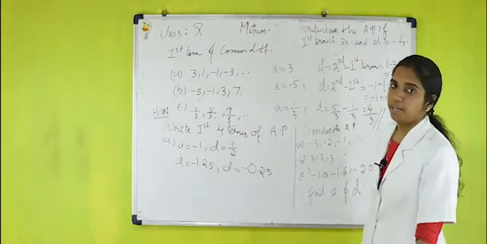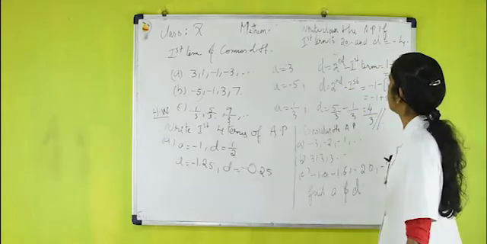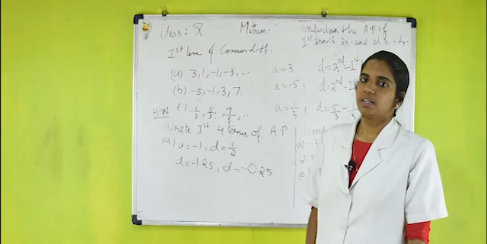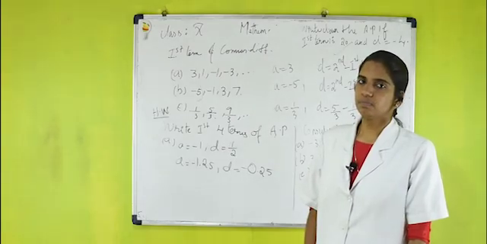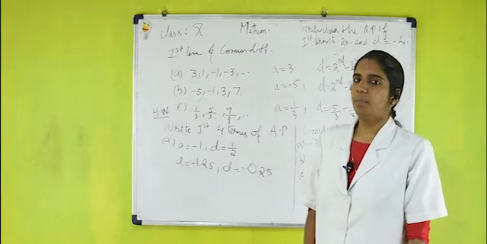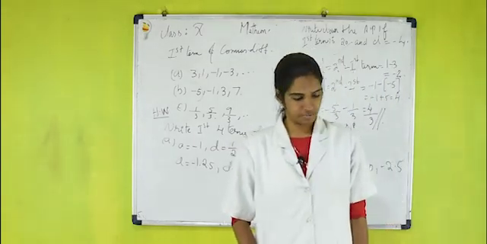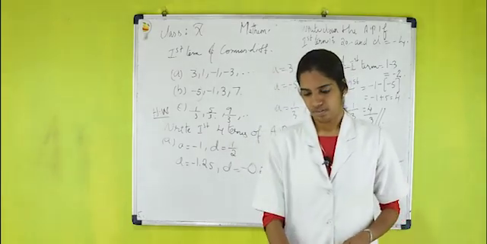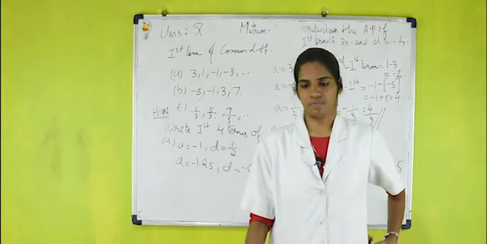Write down the AP if the first term is 60 and the common difference is minus 2.